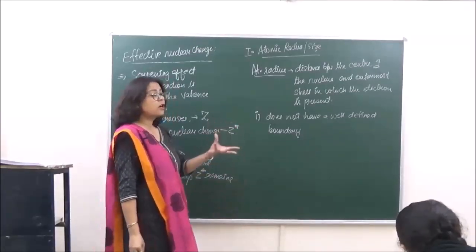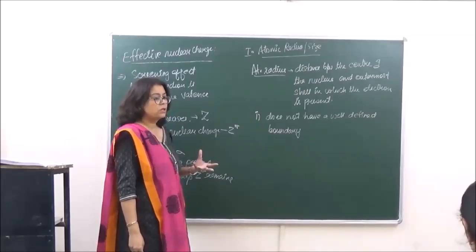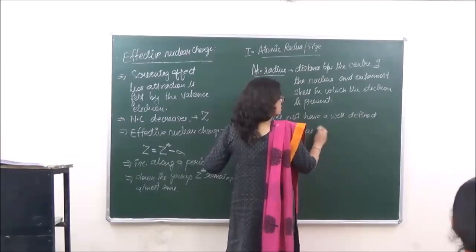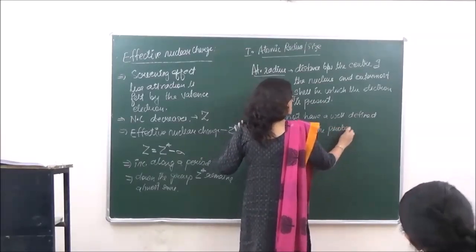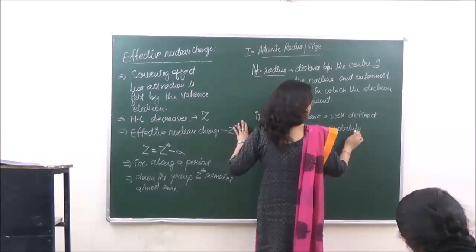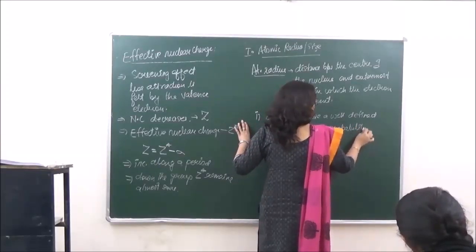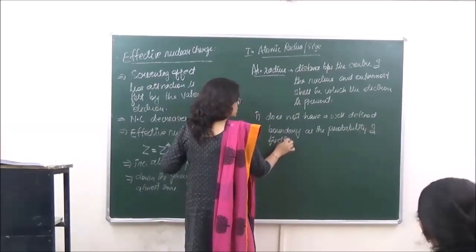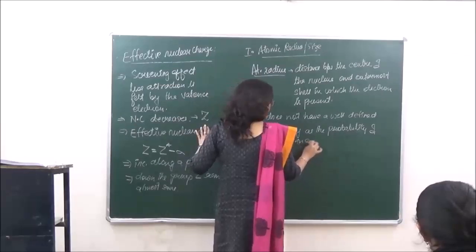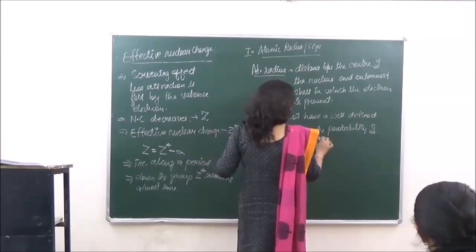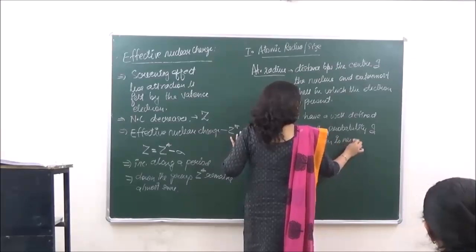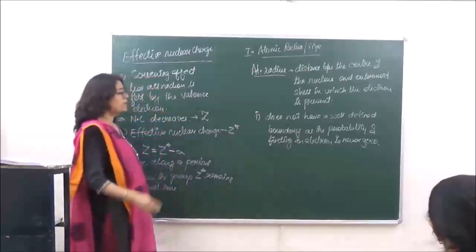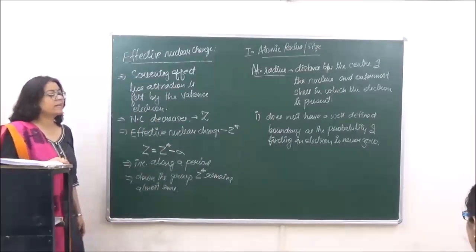Because the electron cloud is always diffused, as the probability of finding an electron is never zero.